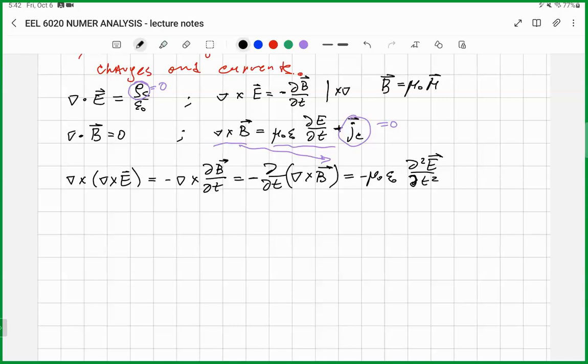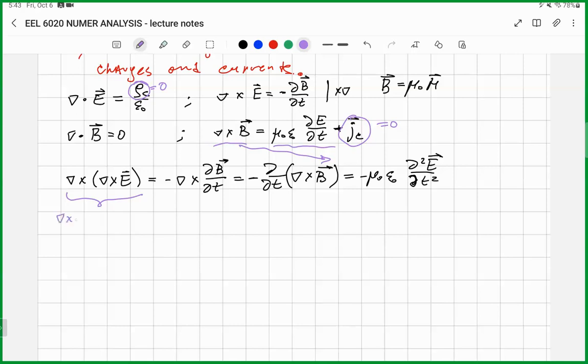Okay. So next, for this one, we had a formula in one of the first lectures. We probably derived this formula. It was the gradient of the divergence, right?